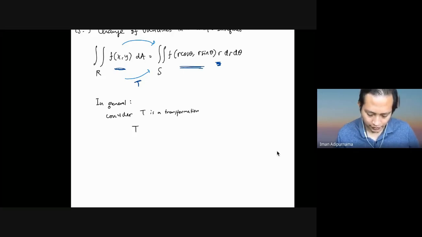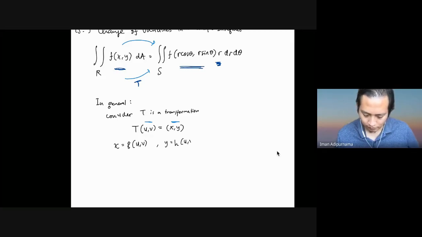So when you have T, you can convert the variables u, v to x, y, where x and y are both functions of u, v. Okay, let's say we have those functions. Or sometimes you can write directly like this. That's also okay.